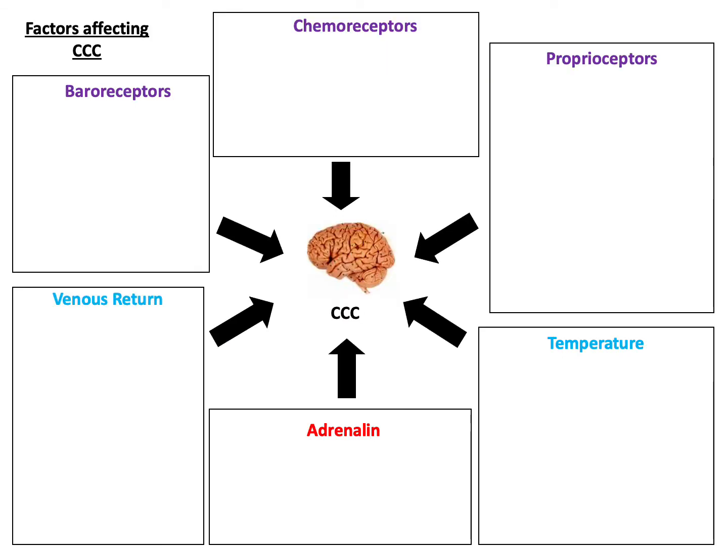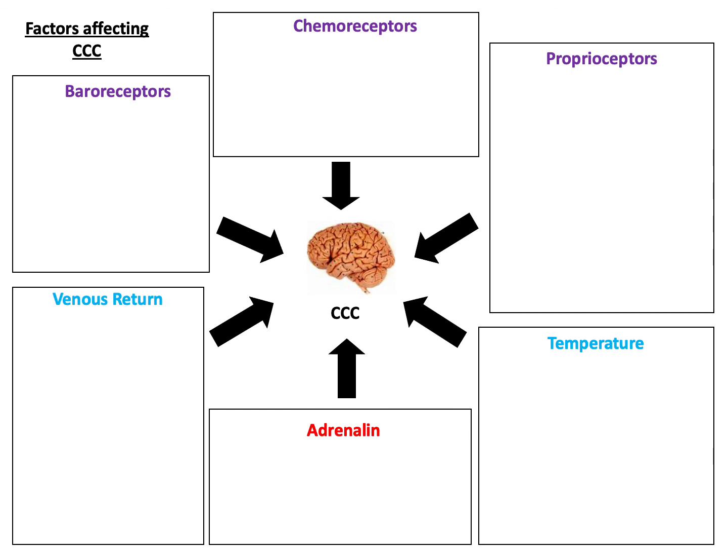Okay, what I'd like you to do now is use your book to go over the areas that we have just looked at, pages 36 to 37, and fill out the factors affecting the CCC and give me a brief overview about what each thing is, what it does and how it's an effect on the heart.